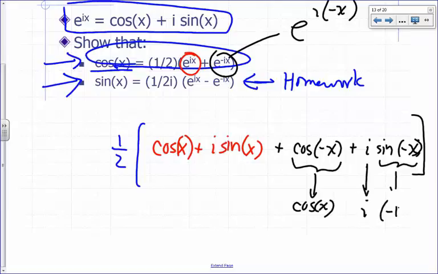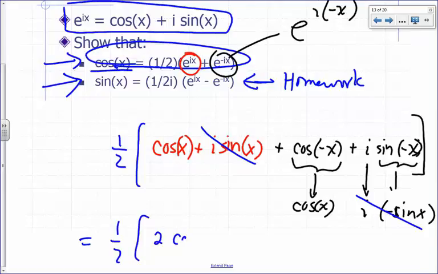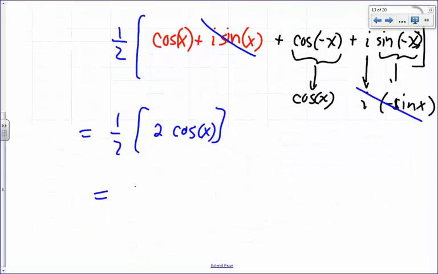What can I cancel? I can cancel i sine x and negative i sine x. So that gives me 1/2 times 2 cosine x.